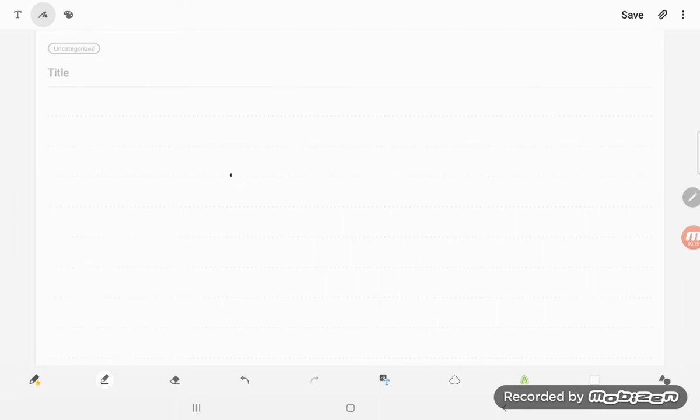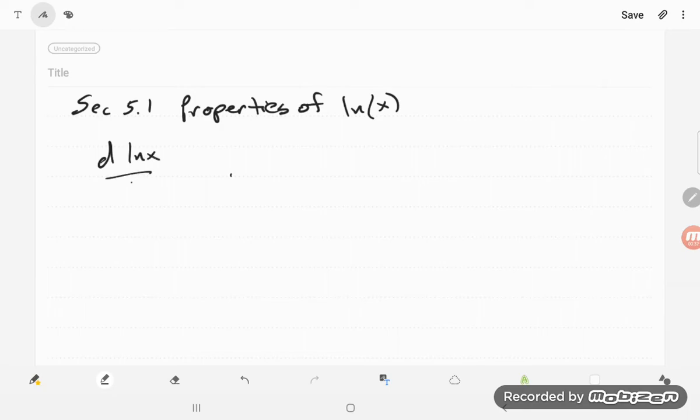Okay, sorry about that. So, section 5.1, we want to look at properties of the natural logarithm of x. Some things we've already seen: the derivative of the natural log of x with respect to x is 1 over x.